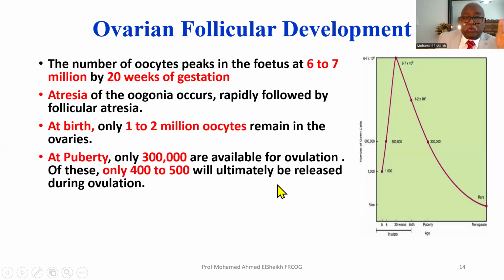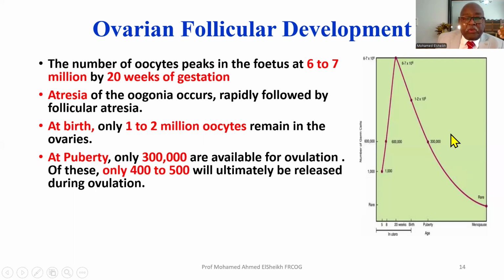Then, when she reaches puberty, due to atresia, most of those 1 to 2 million oocytes will have undergone atresia. They won't be there. Only about 300,000 are available for ovulation after puberty.